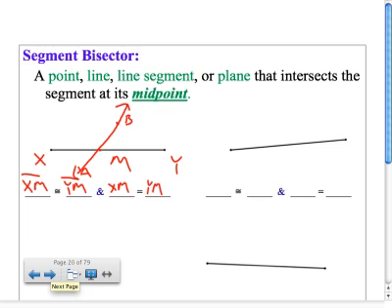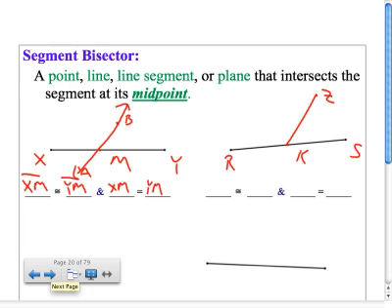Furthermore, over here, let's call it segment RS. Let's call the midpoint K, and let's say that segment KZ is the segment bisector.